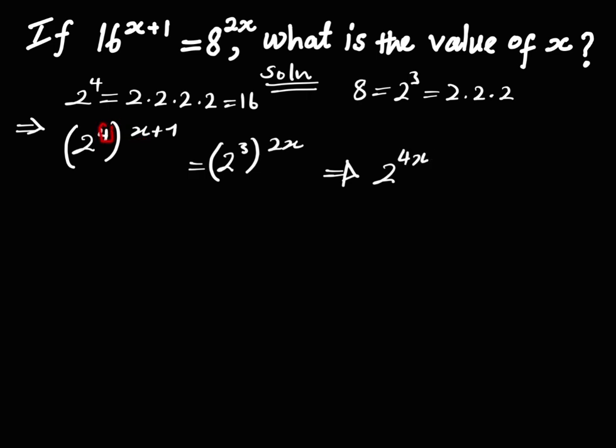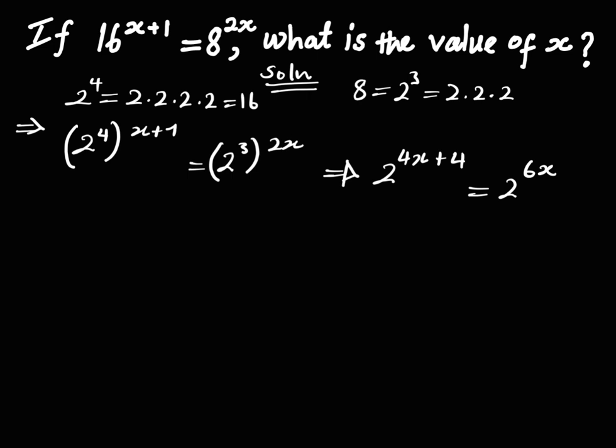Also 4 multiplied by 1 is just 4. So this is plus 4 is equal to 3 multiplied by 2x, so this is 6x. So we have 2 raised to the power of 6x.